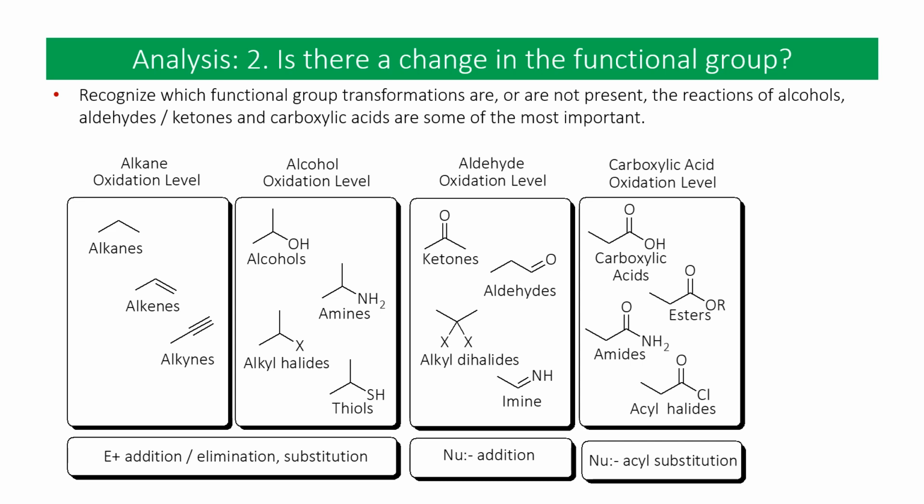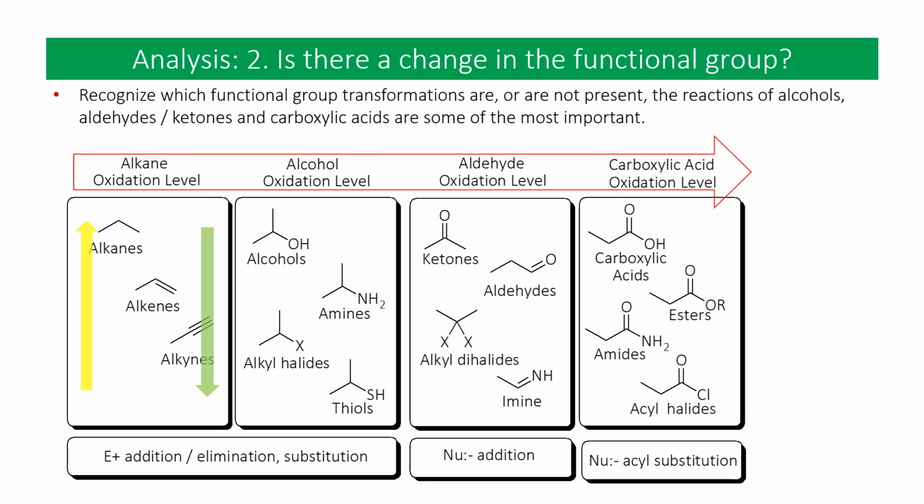Herein, we have a table showing some simple transformations that you should be familiar with. You should be able at this stage of your career to move up and down a column by using various reagents and synthetic techniques. And we can move from left to right, knowing that there's an increase in oxidation level.